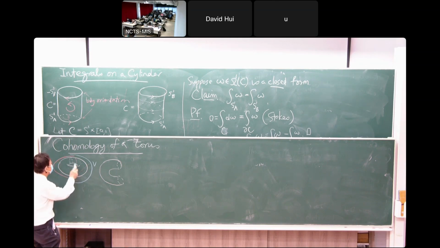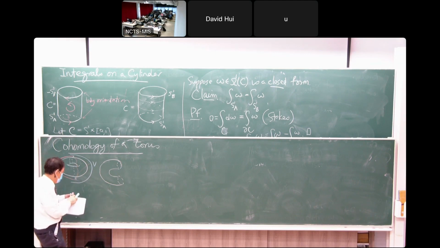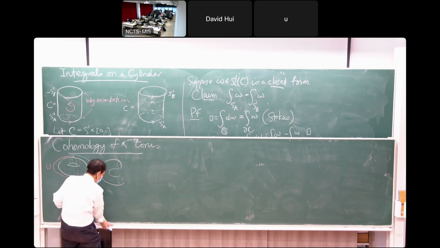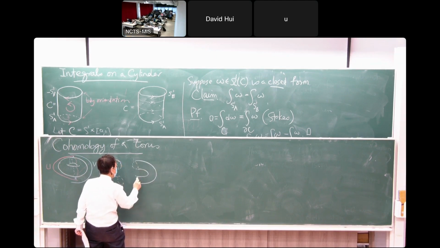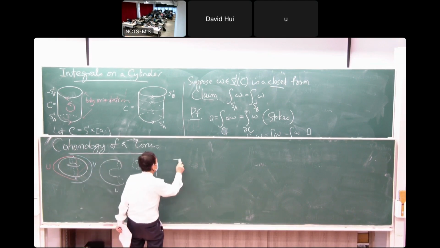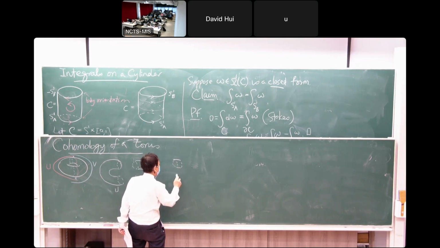And then the intersection has two components that we call A and B. Okay. All right. So that's U, that's V. And then the intersection looks like this. They're all cylinders.